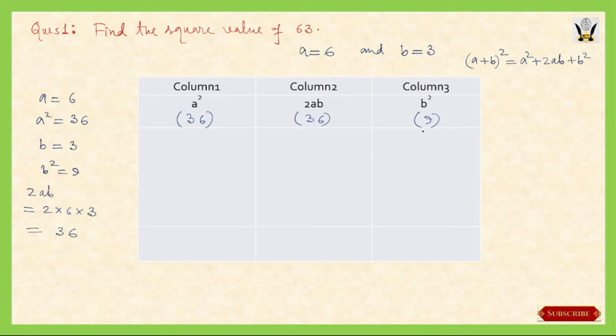Now we will start with column 3 and take the value of b square, which is 9. It is a single-digit value, but if it were a two-digit number, we would have kept the digit in the units place and moved the digit in the tens place to the next column.